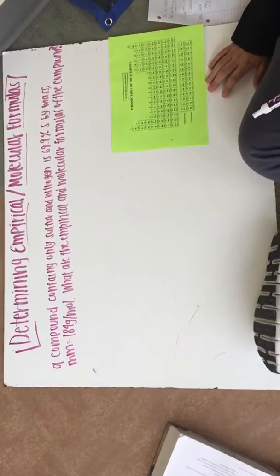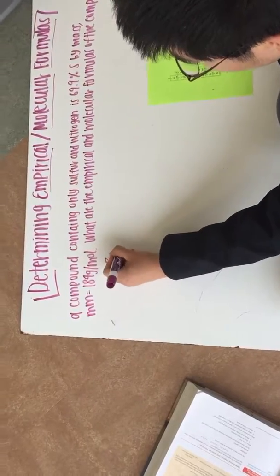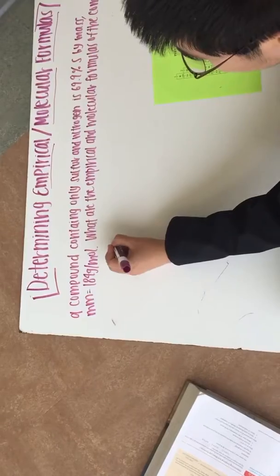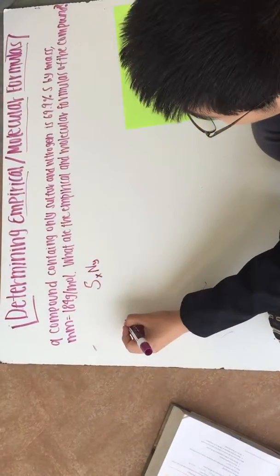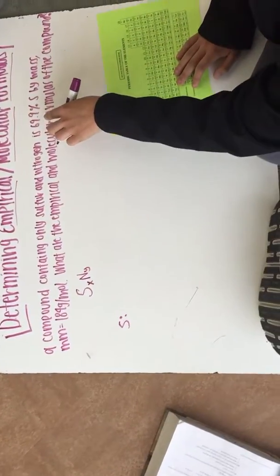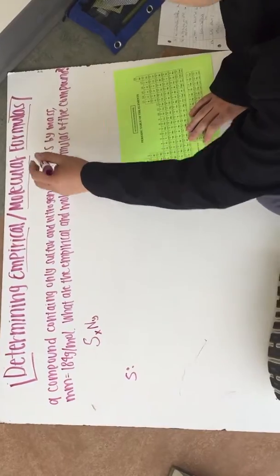So first, you know the formula would be S_x N_y, because you don't know what the subscripts are. What I like to do is divide it up. If I know that S is 69.9%, I like to treat this like grams instead of percent.